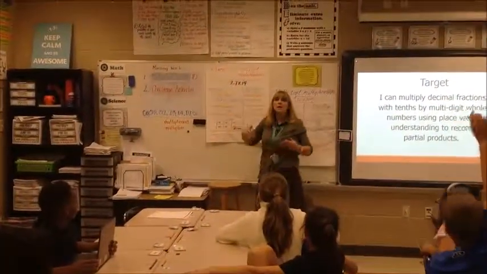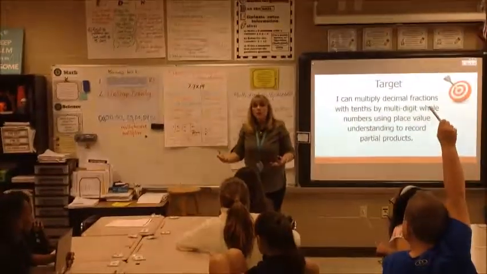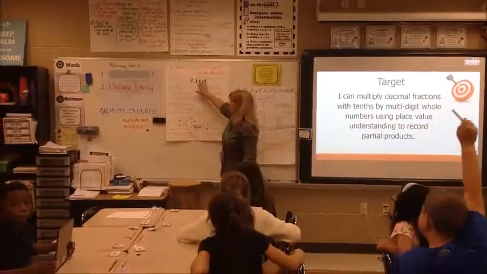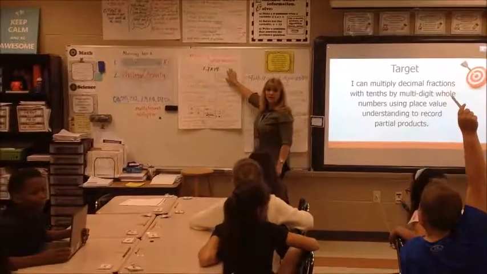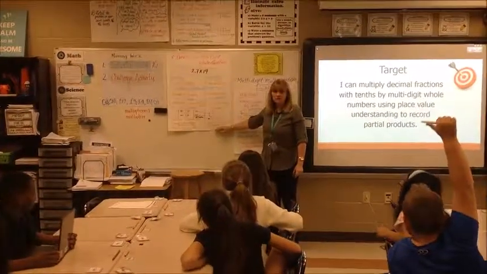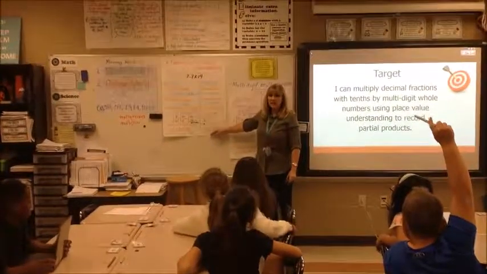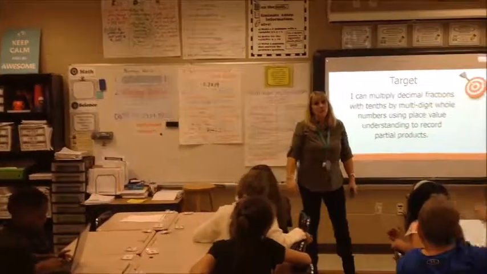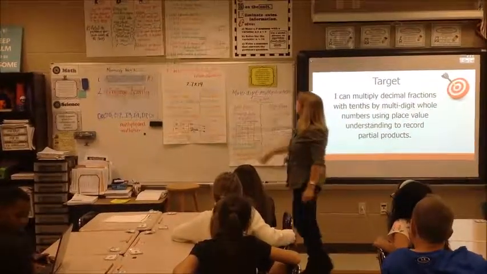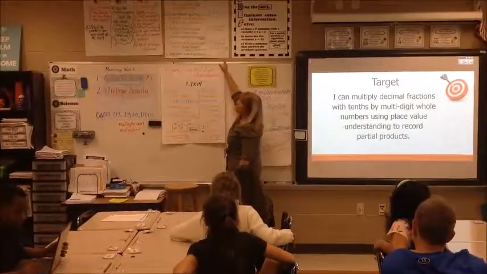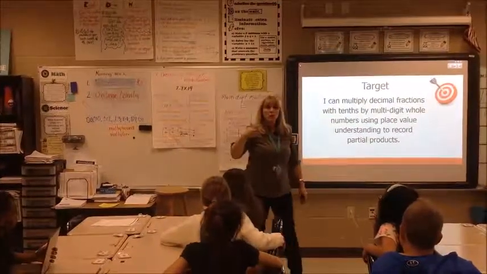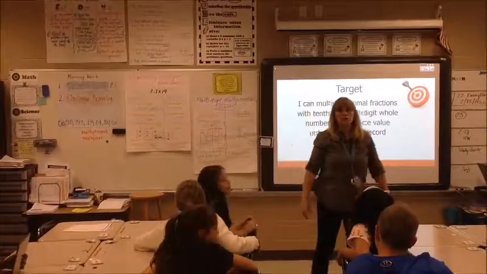Excellent. So I could represent this as 27 tenths, and then I could work with whole numbers. But if I change it to unit form at the beginning, what do you think I have to do at the end? Change it back to standard form. You guys are remembering so well from when we did it about a month ago with only single digit. You are transferring that information exceptionally well.